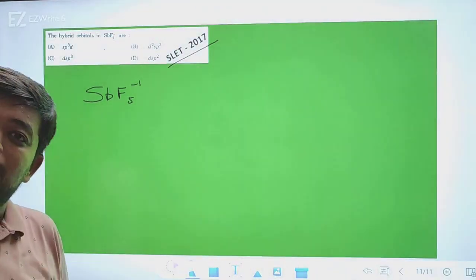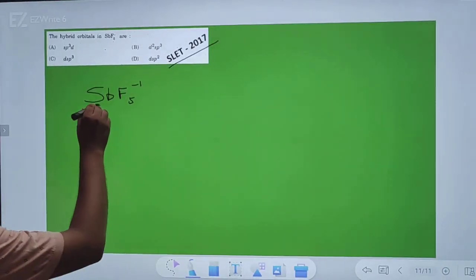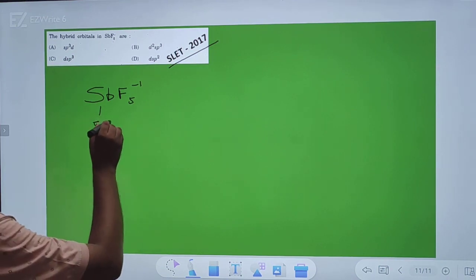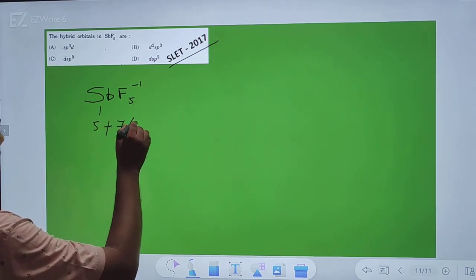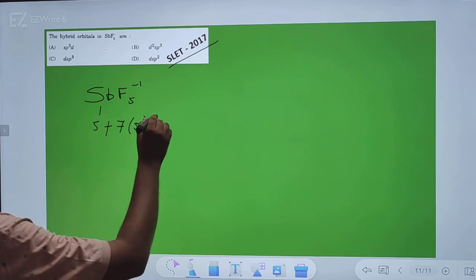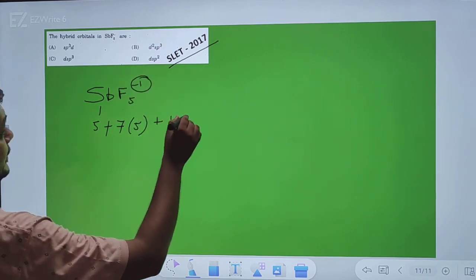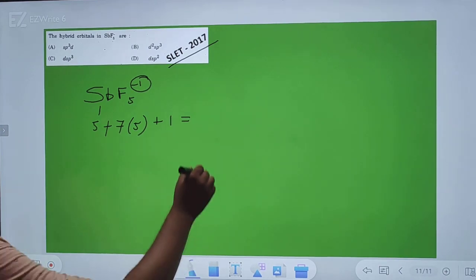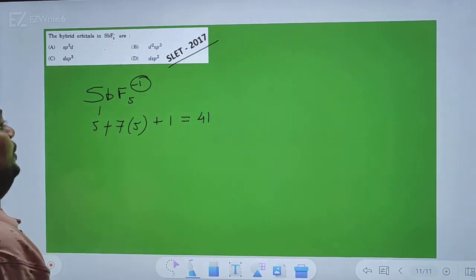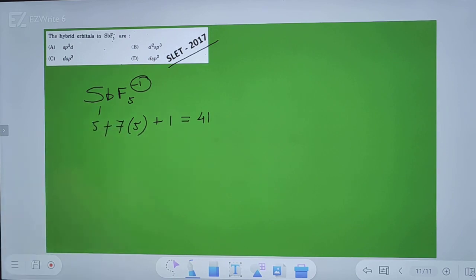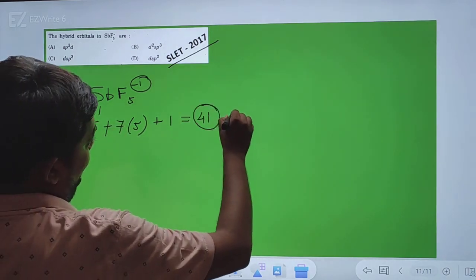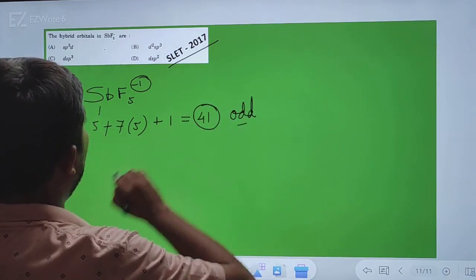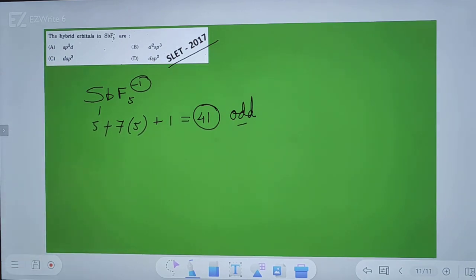So nitrogen, phosphorus, arsenic, antimony and bismuth have 5 valence electrons, each fluorine has 7, and I have 5 such fluorines and 1 electron in excess. So 35, 5, 40 and 1, 41. This is a dilemma, an odd number. Generally when you have an odd number, you will not go with a clear-cut hybridization.